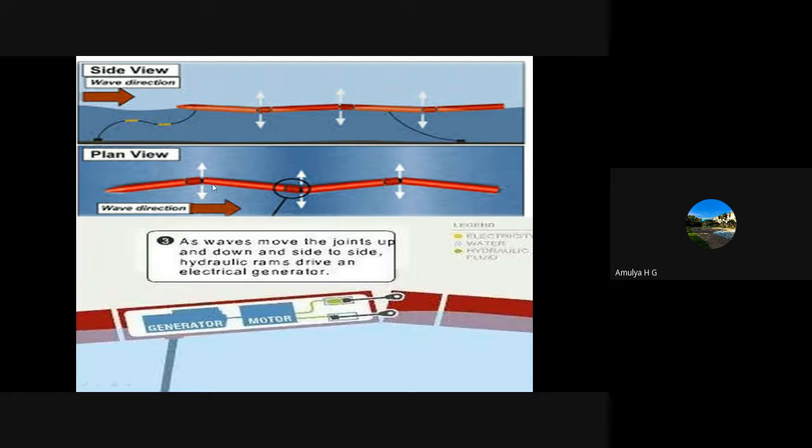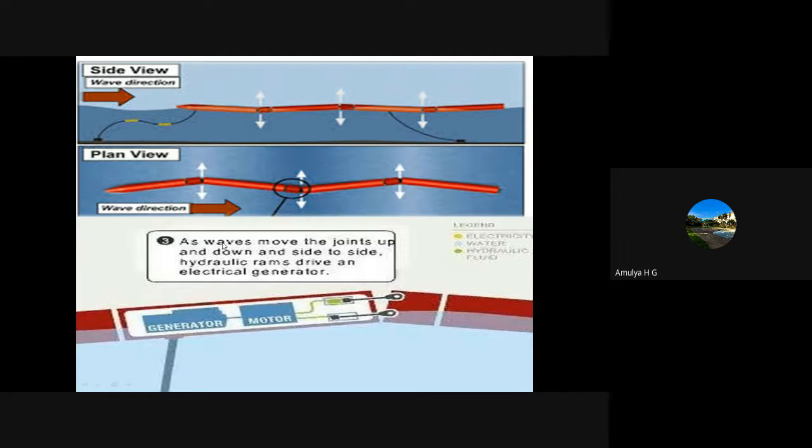So it is floating over the ocean surface. The major components in the power module: inside the power module we have the generator connected with the motor, and we have the hydraulic ram that is connected to the tubular joints. So these are the tubular joints.